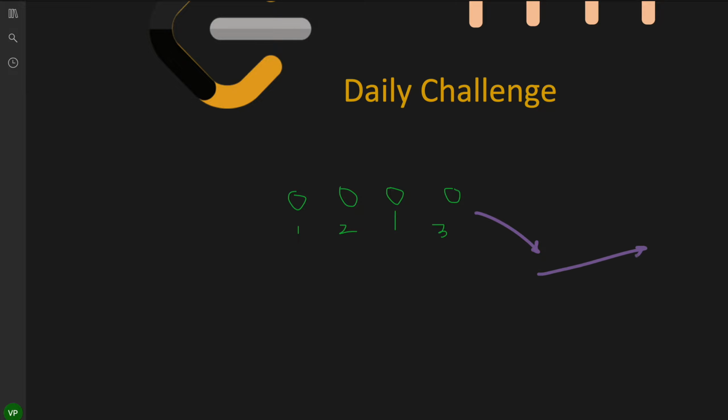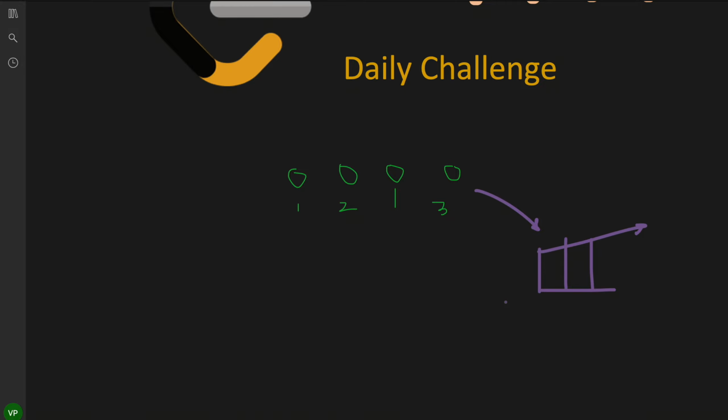Then we buy this ice cream, then this one, and this one, until our money supply is exhausted, and we return the count of the ice creams that we bought.